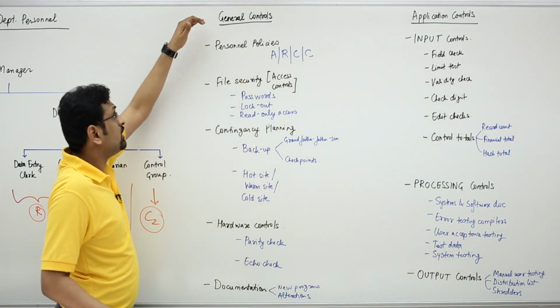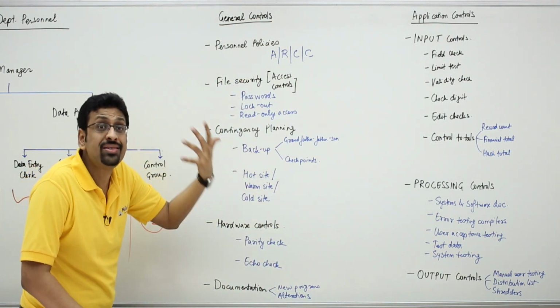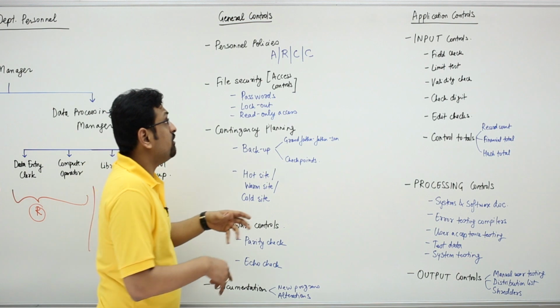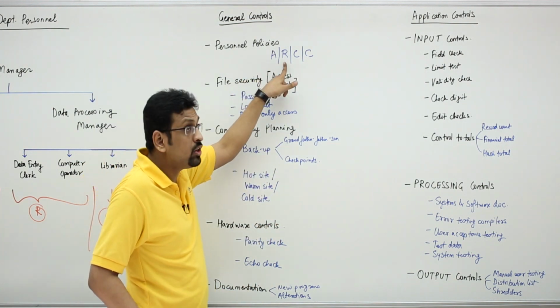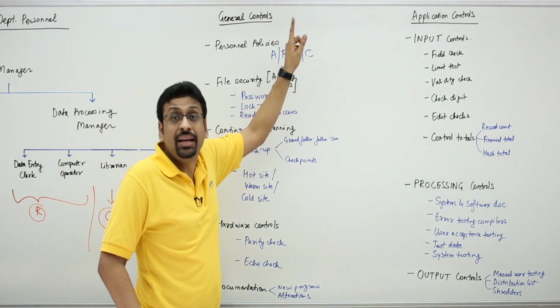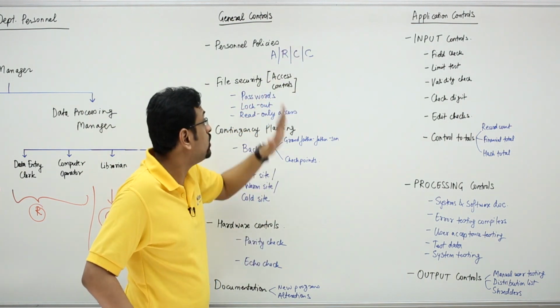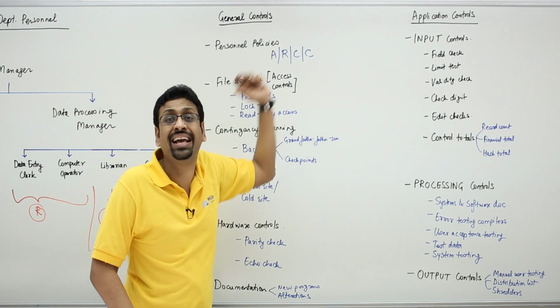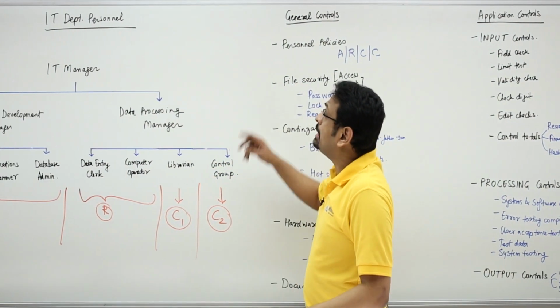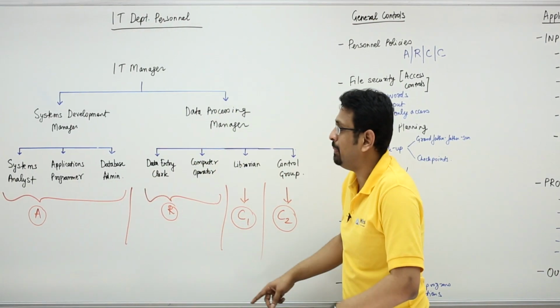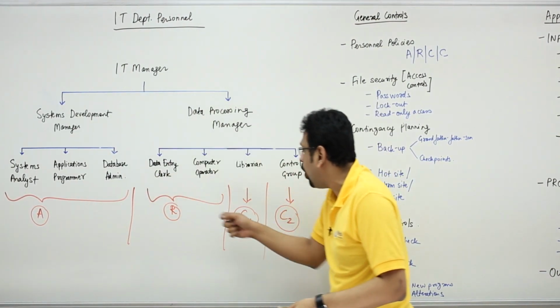So under general control, we are first looking at personnel policies, which say that we need to have a team take care of authorization, record keeping, custody, comparison, and make sure that all these duties are segregated. And that is what we saw when we looked at the personnel in the IT department, where we segregated all these duties.